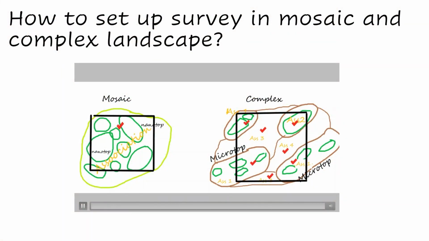Landscape. It's not rocket science, so you just place your plot for your relief, as we agreed 200 square meters, for example. In case of the mosaic landscape, you have to put your entire relief within the borders of this plot, as we did in this German site.